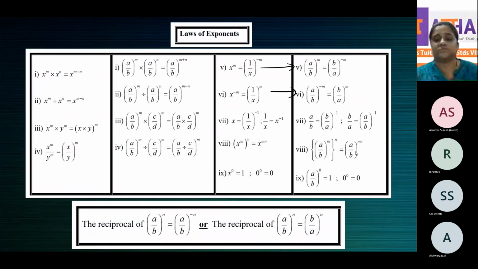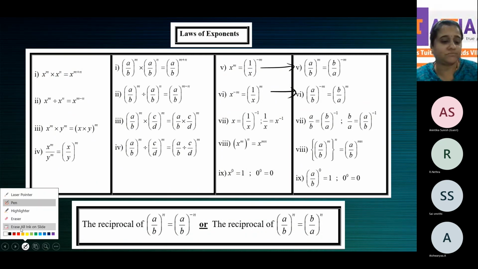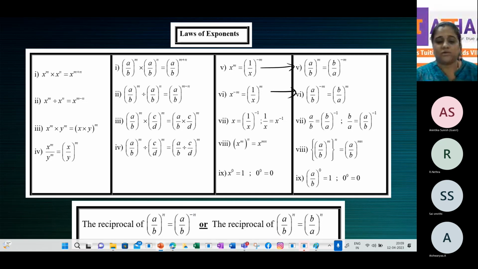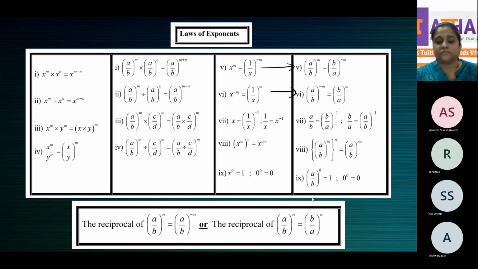So that's about the reciprocal. What you see right below here: the reciprocal of a by b to the power n is, if you write a by b as it is, then change the power, n becomes minus n.